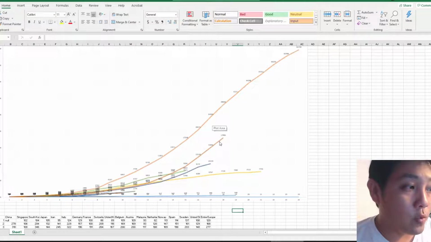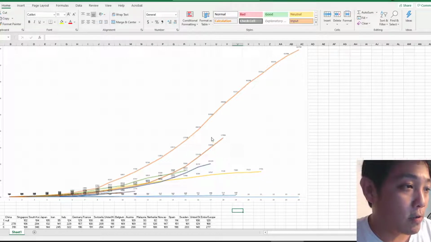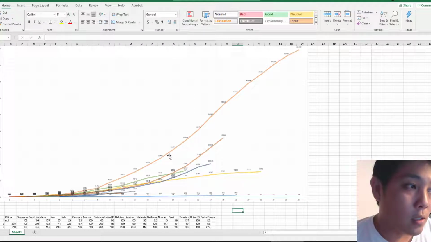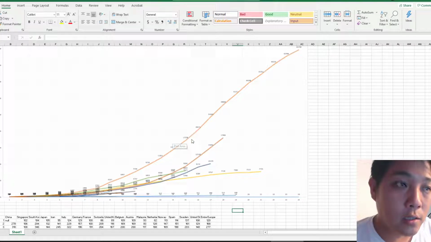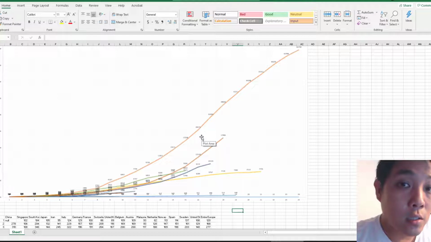And if we were to move this line backwards by a few days, maybe 1, 2, 3, 4 days, the line will more or less align with China's trend, and you can see how much worse it can get. Because you must remember that China, while it's a country, is as big as the entire Europe, if not bigger.